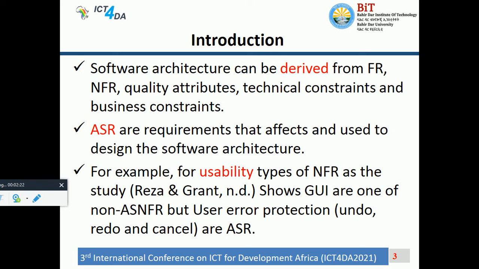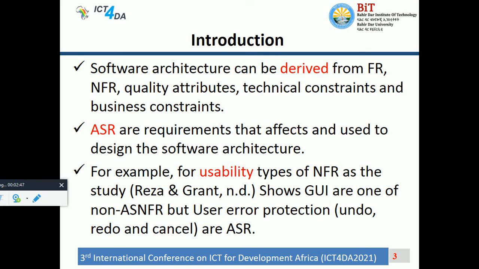More importantly, non-functional requirements highly affect software architectures. But not all requirements, whether non-functional or functional, are important for designing the architecture. Only some are important to design the architecture.